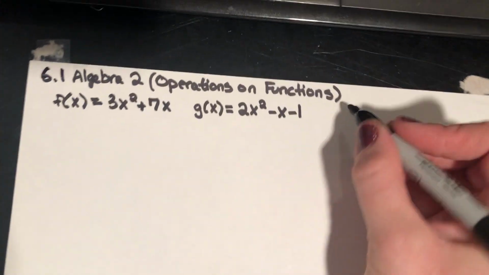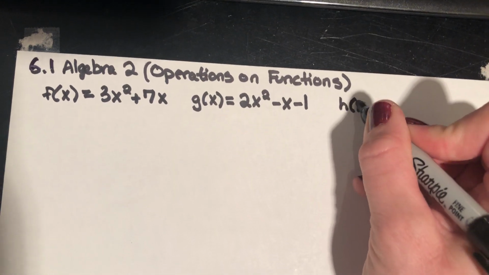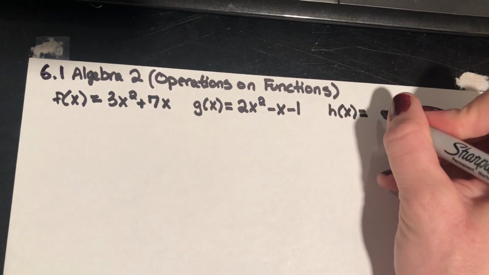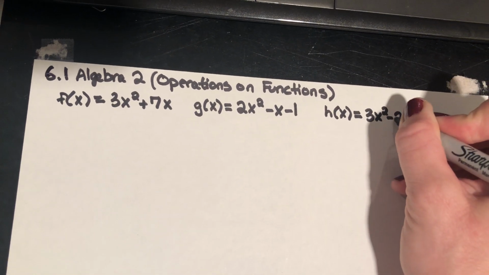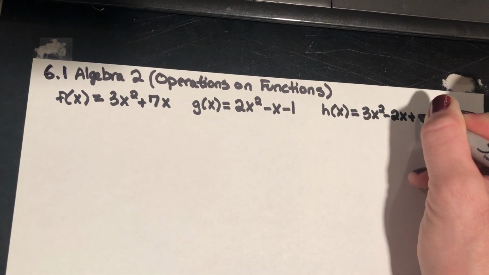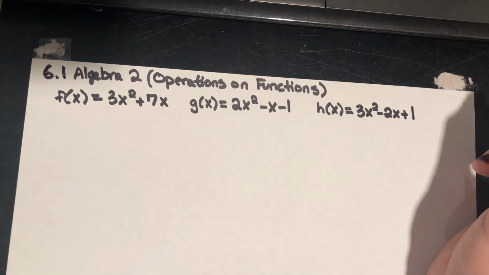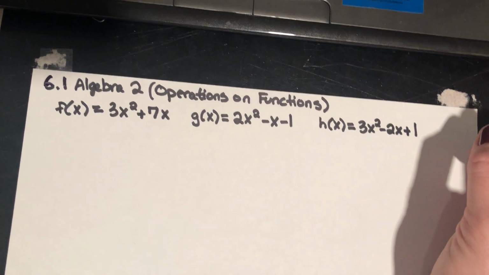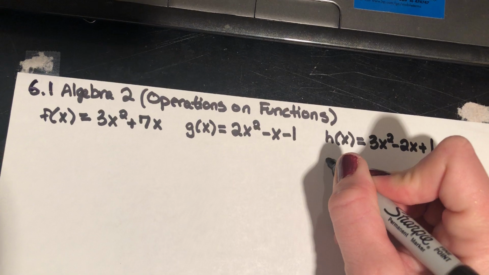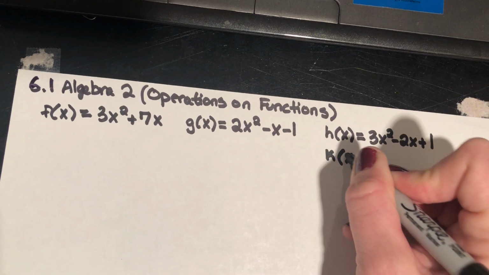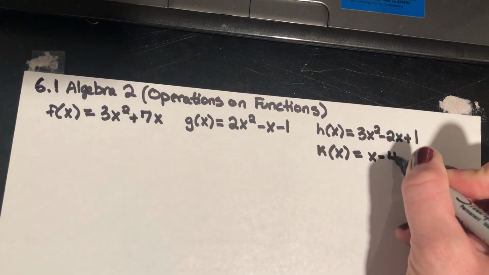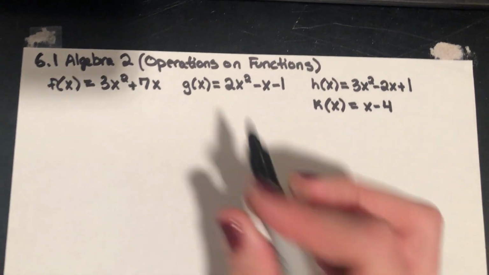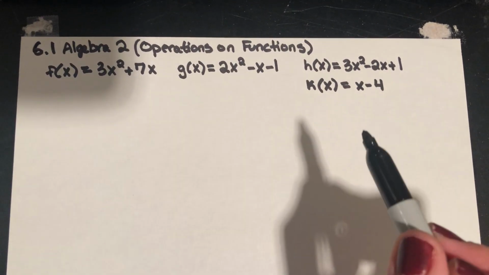Let's then give you h of x. h of x is going to equal 3x squared minus 2x plus 1. And then let's go k of x. k of x is going to equal x minus 4. So there are 4 functions right here.